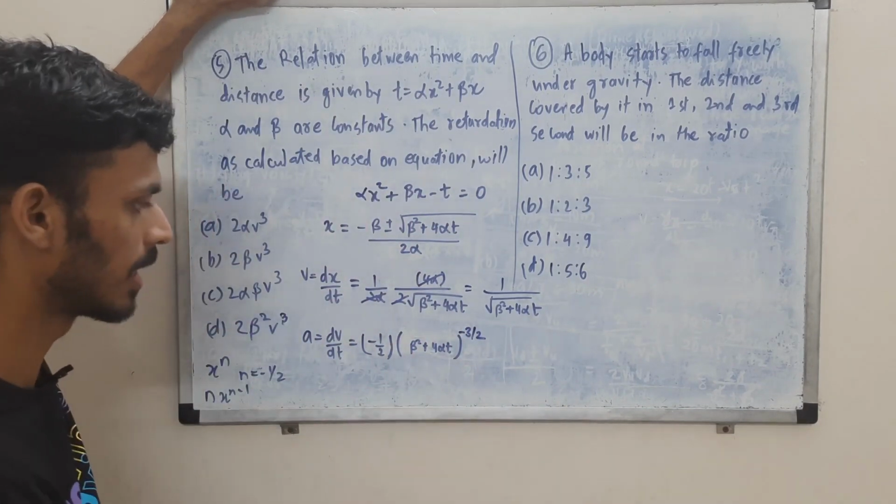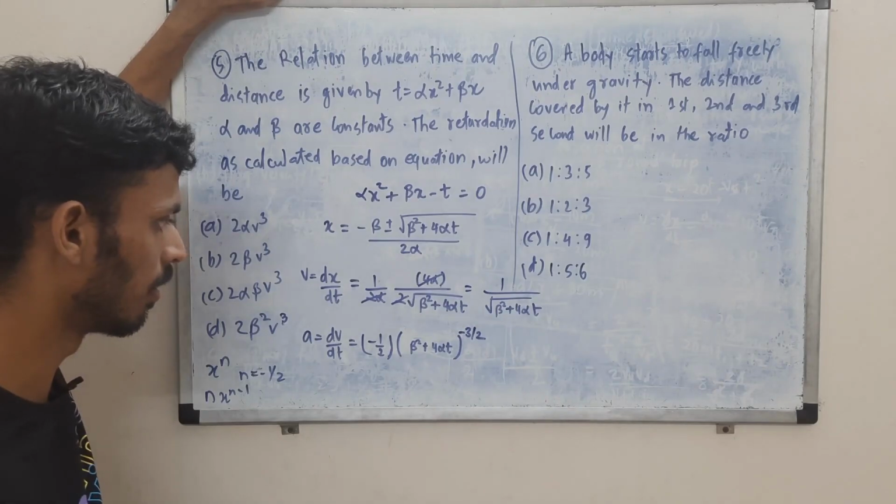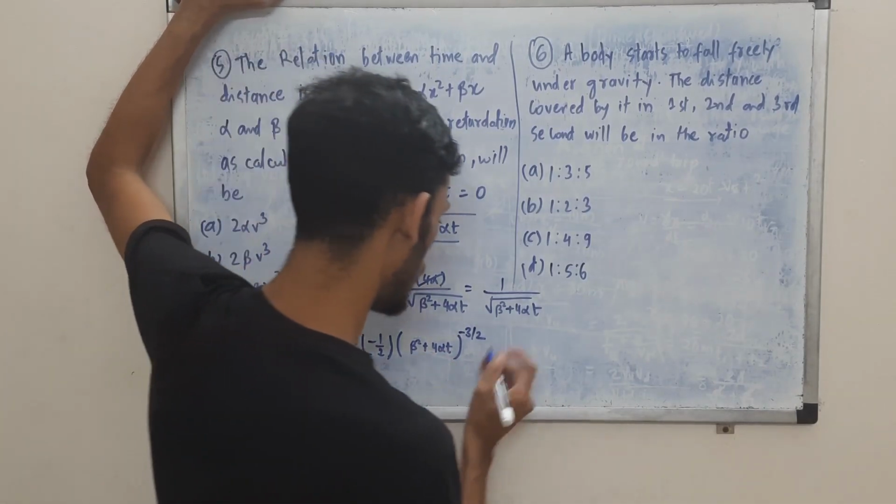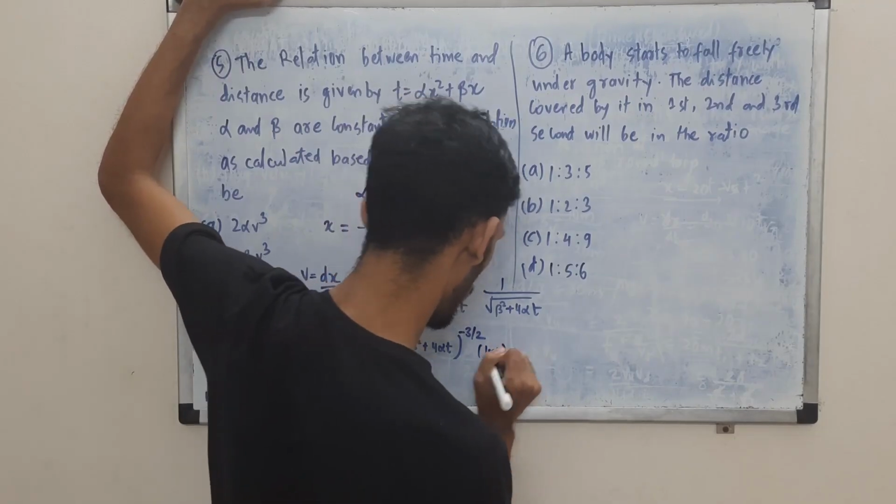And finally again the chain rule we have to apply. Again go inside and differentiate this, so this will be 4 alpha, right?